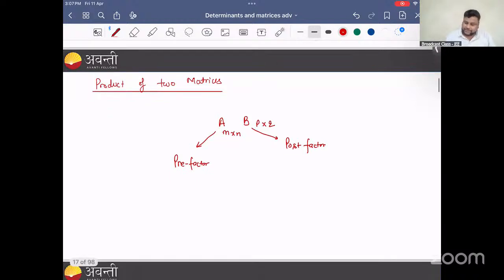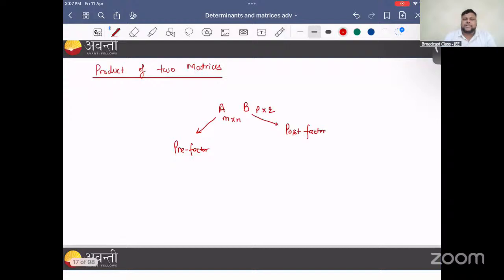In that case, first of all, matrix multiplication is not something we can do every time.